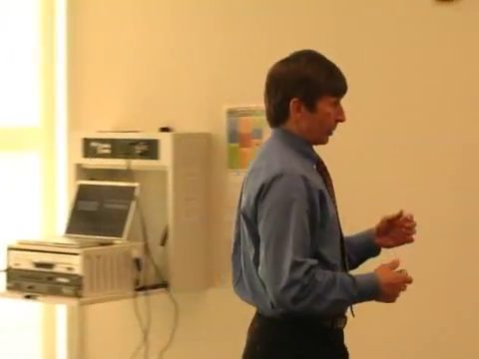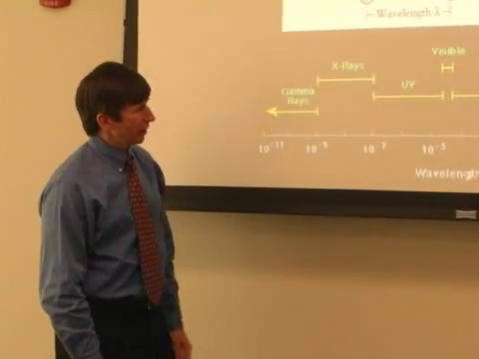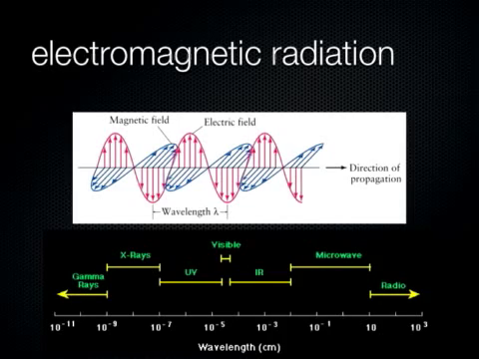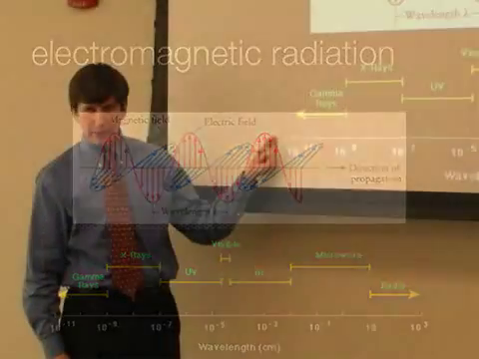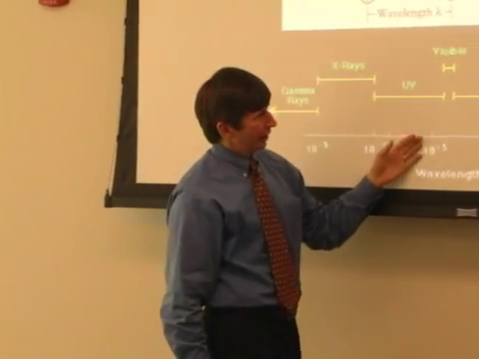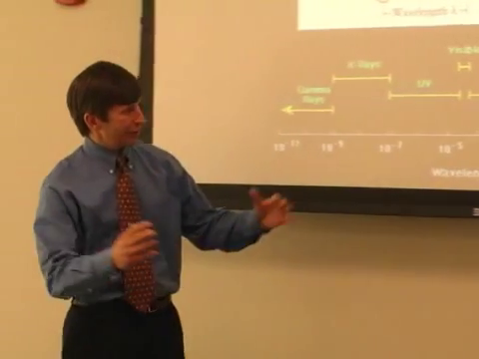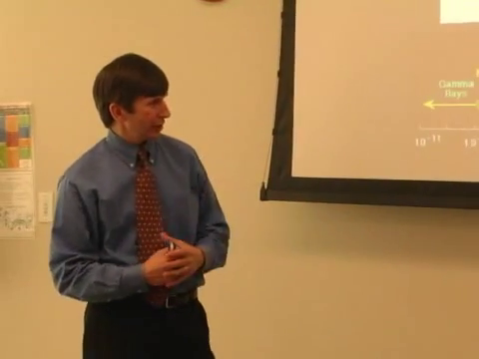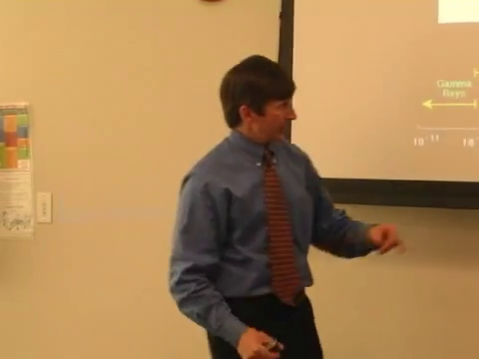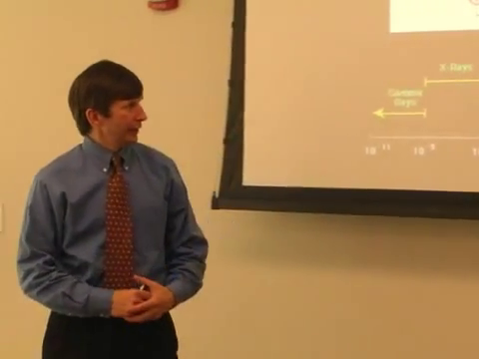And what we call visible light is merely a relatively small range of wavelengths in this continuum of very small wavelengths like gamma rays that have very high energy, up to very long radio waves at 10 to the third centimeter, so getting up to even kilometers in length. And the visible spectrum is right in this area.